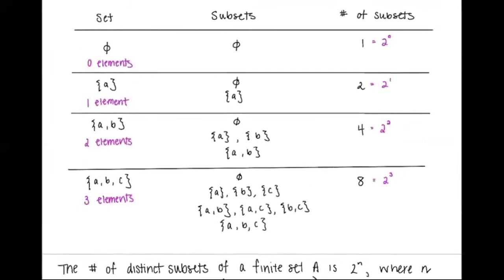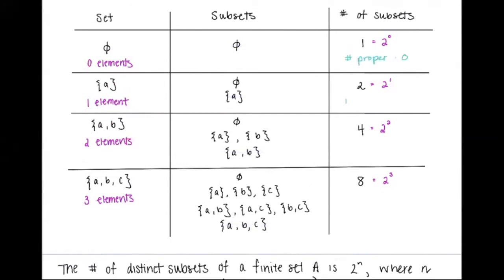Now, if I want to go back and talk about proper instead, basically I'd get rid of this set, this set, this set, and this set. Each time a proper subset would not be the set itself. So underneath here, the number of proper is going to be 0.